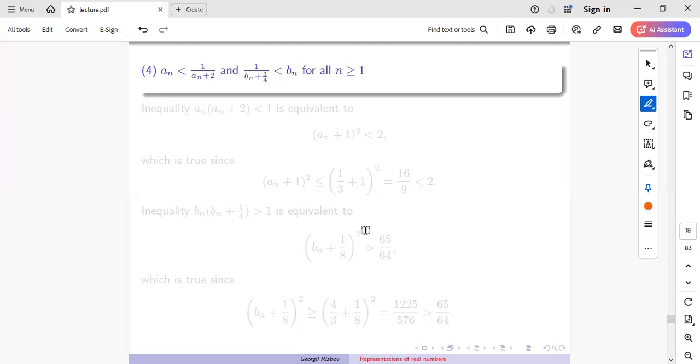Okay, now let's check this relation that An is less than 1/(An plus 2), and Bn is bigger than 1/(Bn plus 1/4).